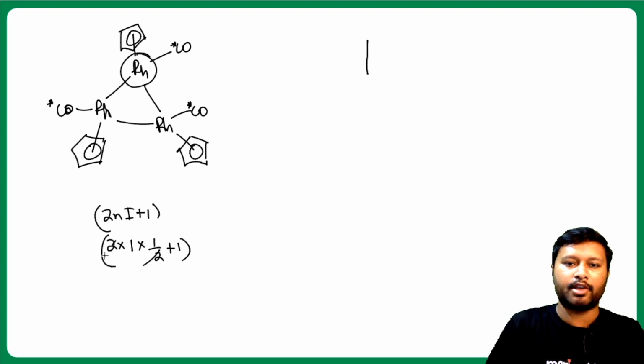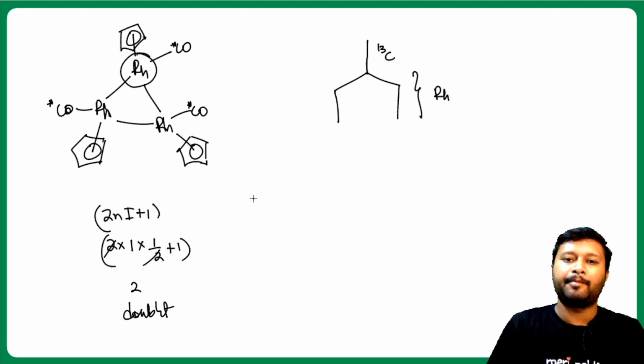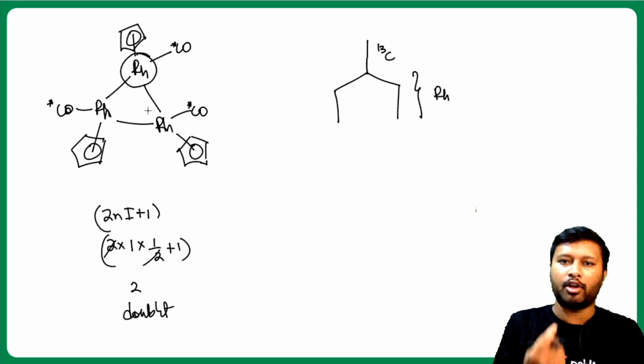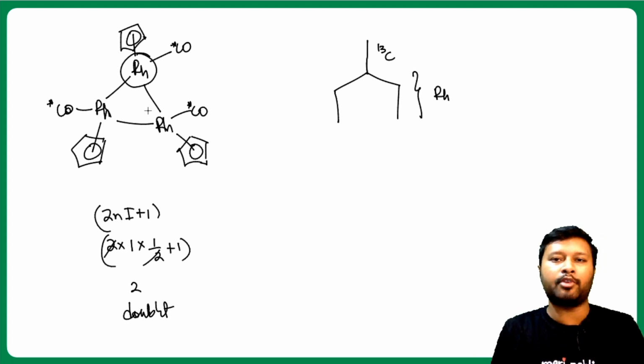So you just get 2, that is a doublet. That means this single line from 13C is now split by rhodium into 2 lines. That's how you can differentiate, if you have a solution and a molecular formula, whether the carbonyl is bridging or terminal.